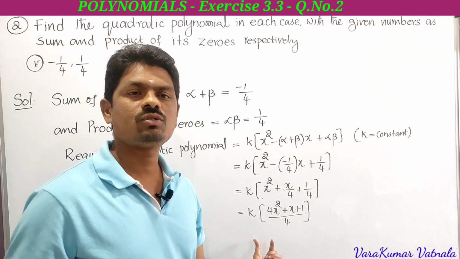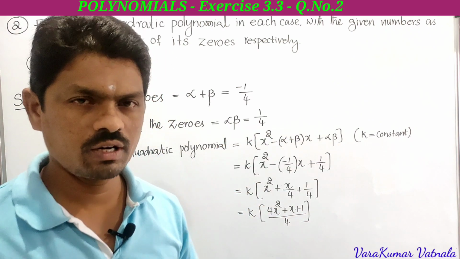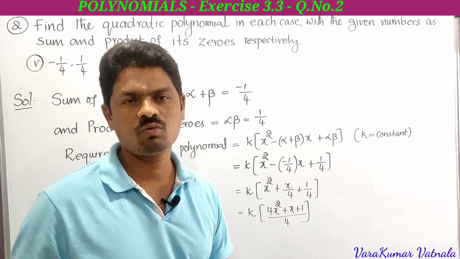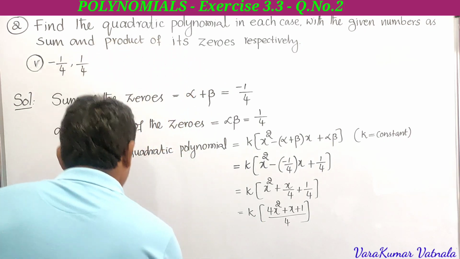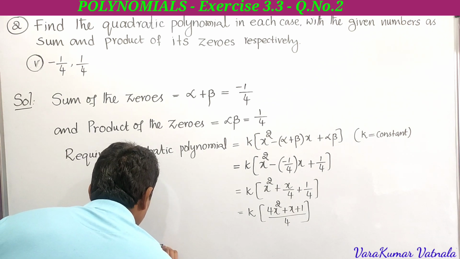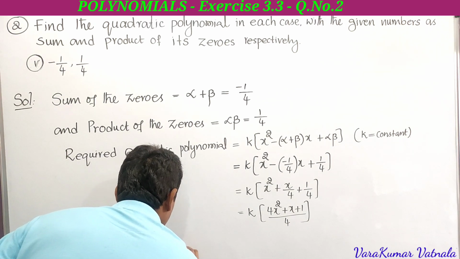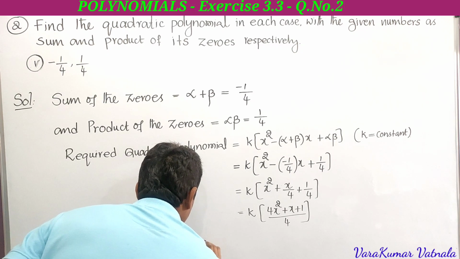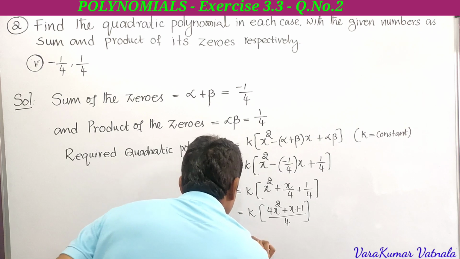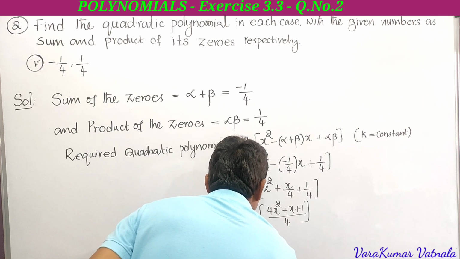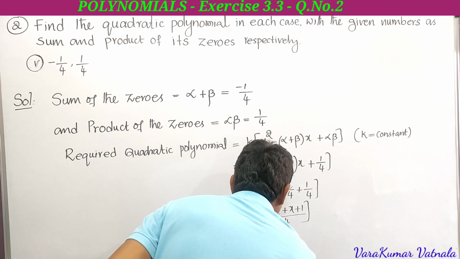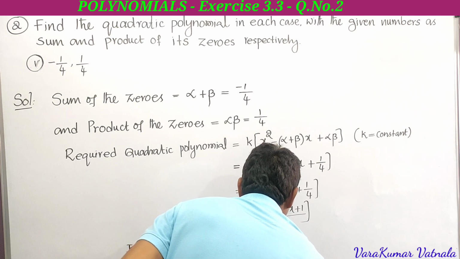For different values of k we can get different quadratic polynomials. Since the denominator is 4, I am substituting k is equal to 4. So if k is equal to 4, then the quadratic polynomial is equal to 4 into (4x square plus x plus 1) divided by 4.